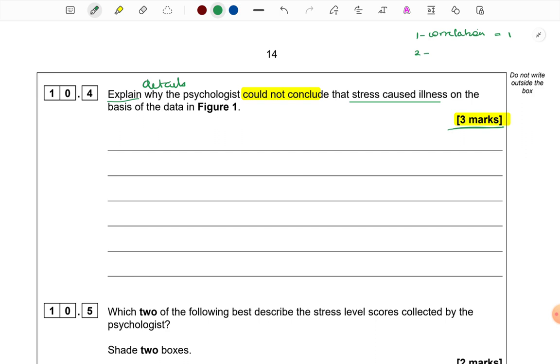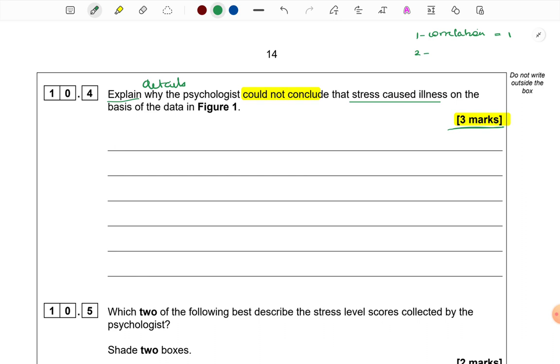So for example, someone's genes are poor, so they tend to take a lot of stress because of the genes, and because of the genes they develop illness very easily. Like I said, students don't explain this well. They just say there's a third variable possible and they leave it at that. They're not able to illustrate it well. So I would suggest avoiding that type of an answer.